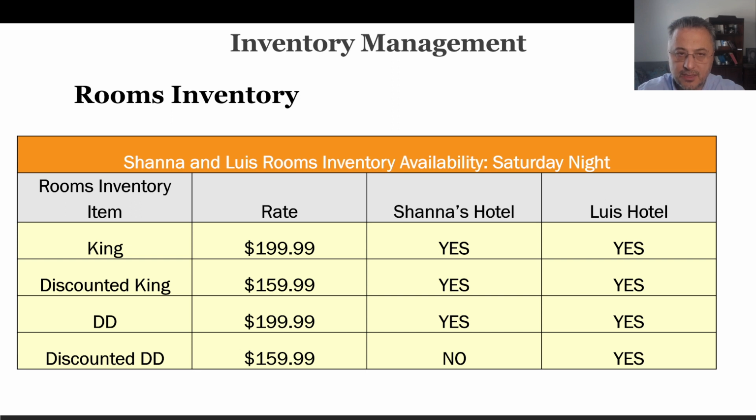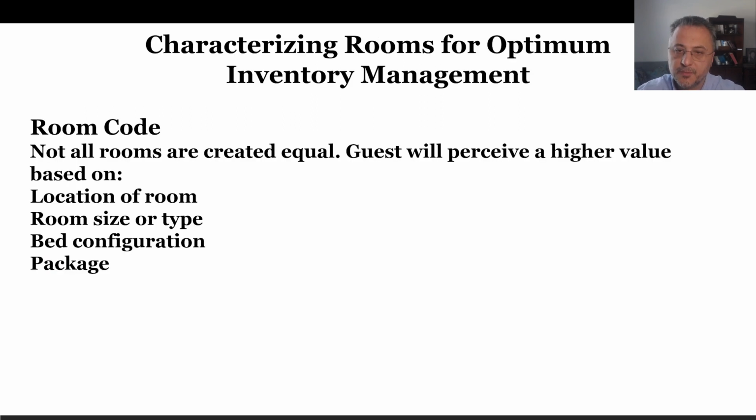Double was $199.99, and discounted DD was $159.99. And Shana eliminated the discounted rate. If you recall from our earlier discussions, instead of increasing price, we create some kind of rack rate, we're going to talk about it in a few minutes, and we usually offer discounted rates, and if there is higher demand, we eliminate that discount.